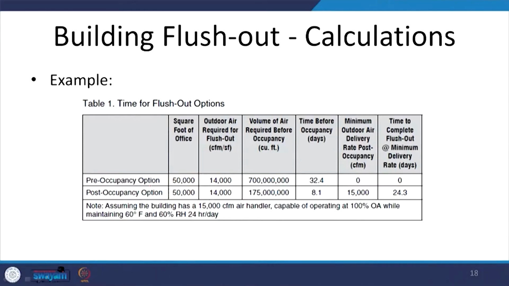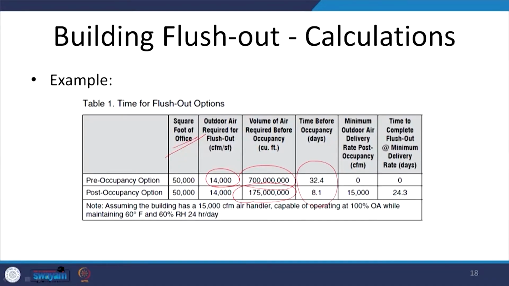For the given volume of air, if we see both the pre-occupancy and post-occupancy options, the flush out at the given rate, which is 14,000 cubic feet of air per square feet of floor area, gives the total volume required given the total square footage of the built-up area, and at a given rate of air supply, which is the capacity of the air handler designed for the building as part of the mechanical ventilation system.